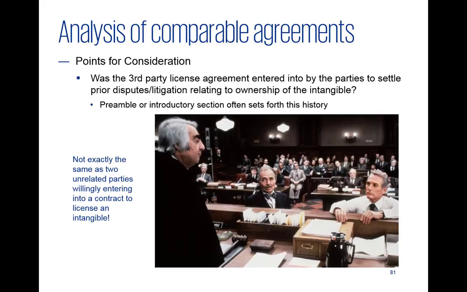But in those cases, clearly the party who has been accused of infringing on the intellectual property didn't intend to or didn't think that it needed to pay any royalty to the other. And while it may end up having to pay one because the court decides that is what happened, it's hardly a good price for saying this is exactly what two parties would agree to at arm's length.